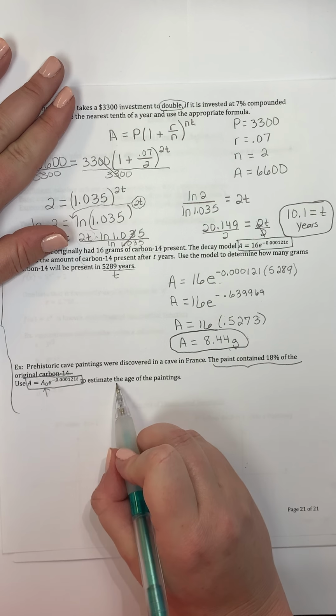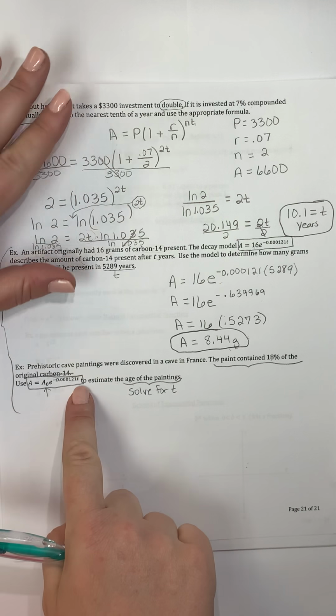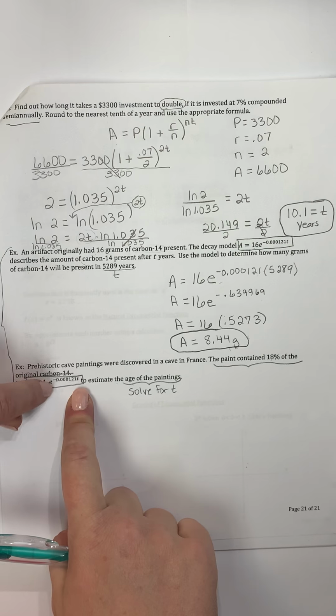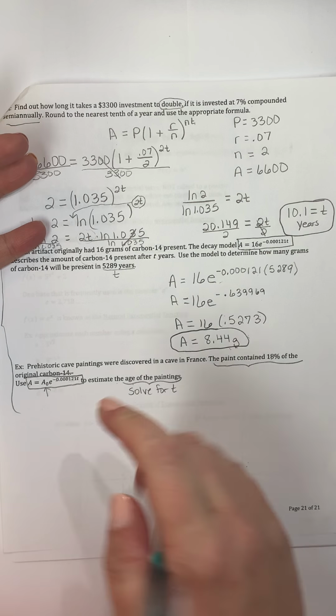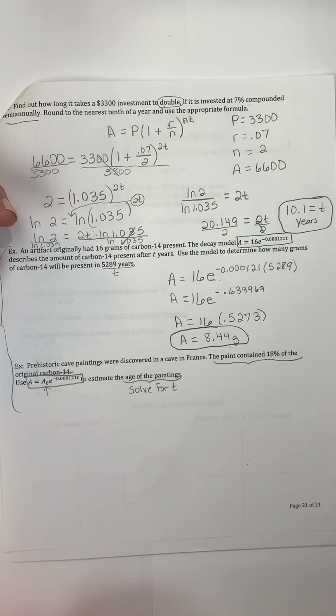All right, this is important because if you notice, they want us to estimate the age of the paintings. So they're asking you to solve for T. Well, I can solve for T, but I have two other values that I don't have numbers for. That's where this little phrase comes in, okay? The paint contained 18% of the original.